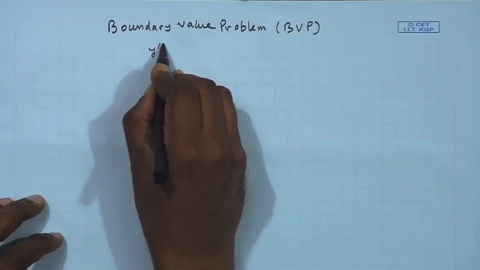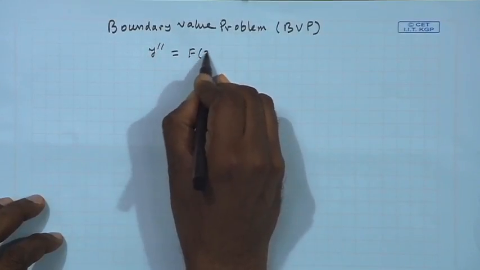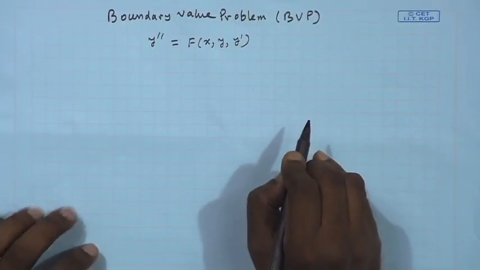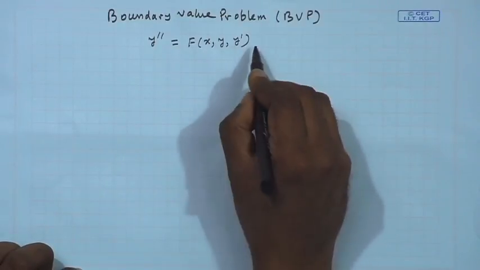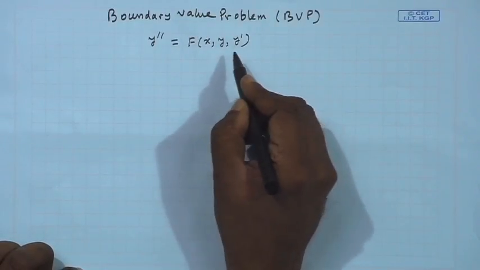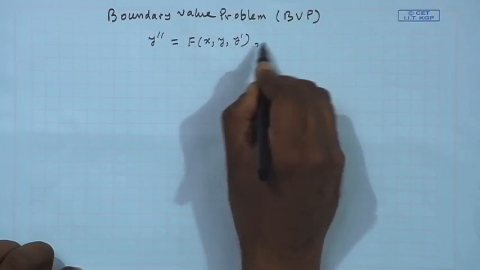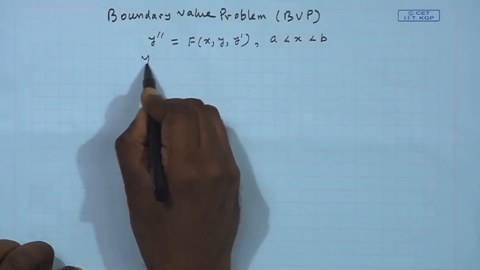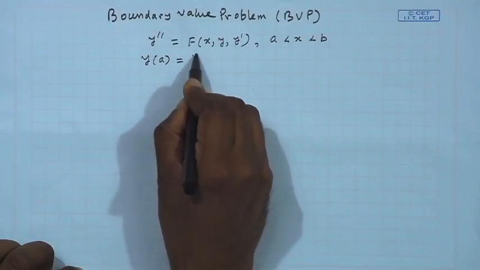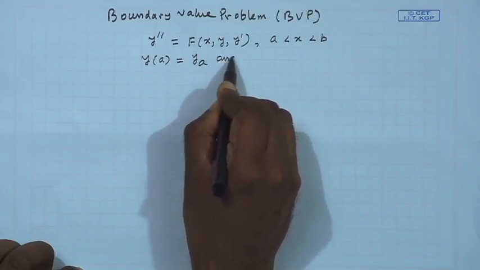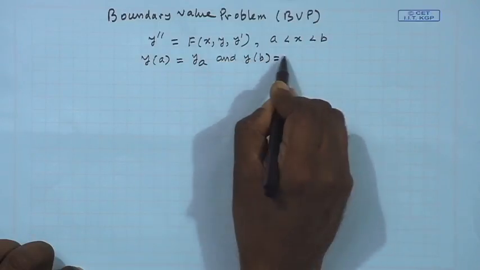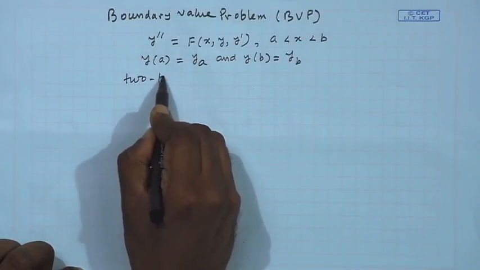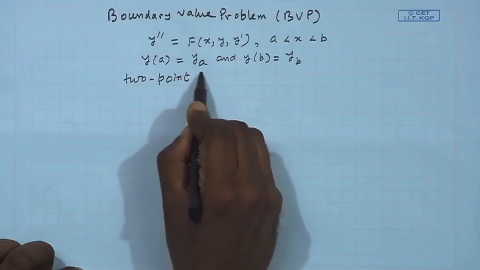Say you have a differential equation y double dash equal to f(x, y, y dash), where f is any function of y and y dash, y is a variable depending on x, and x is the independent variable defined between a to b, and these are the boundary conditions: y(a) equal to y_a and y(b) equal to y_b. This kind of problem is called a 2-point boundary value problem, 2-point BVP.